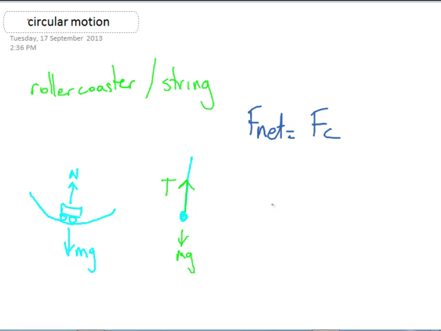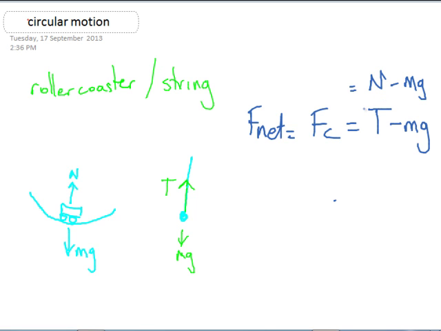So the difference between the tension and the weight will give you your resultant force. That must be equivalent to the upward force, the one pointing towards the center, minus the one pointing away from the center. So it's either T minus mg, or N minus mg, depending on which scenario you're looking at. Does that make sense?